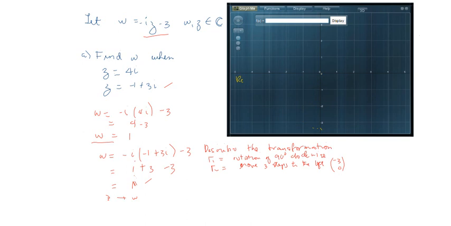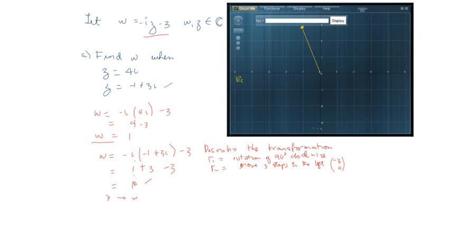So negative 1 and 3 must be here. Let me draw. If it moves 90 degrees clockwise, it should be higher. We just reverse it.